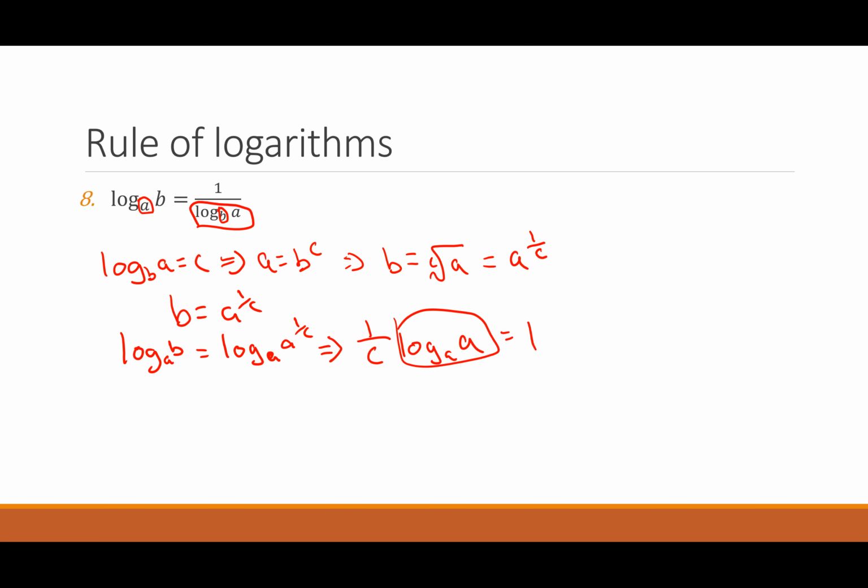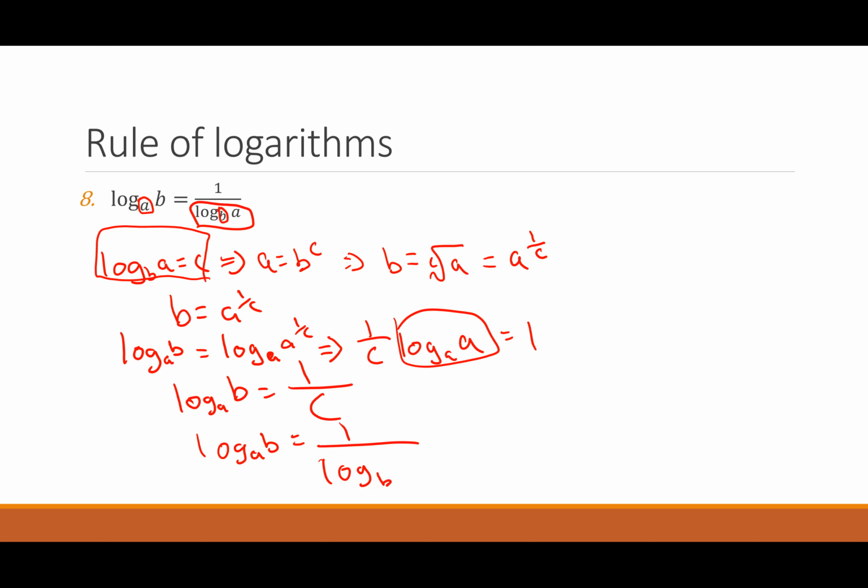Very convenient that that is equal to 1. So we have this equation, log with the base a of b equals 1 over c. Well, let's go back to the definition of c, which is right here. So log with the base a of b equals 1 over log with the base b of a. Okay, so we've just proven this.